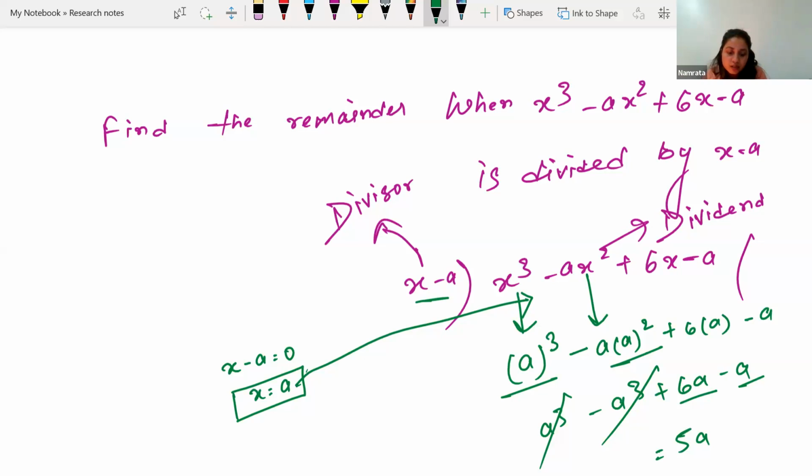Now there is the factor theorem, and then identities are there. Identities you will be able to do by yourself.